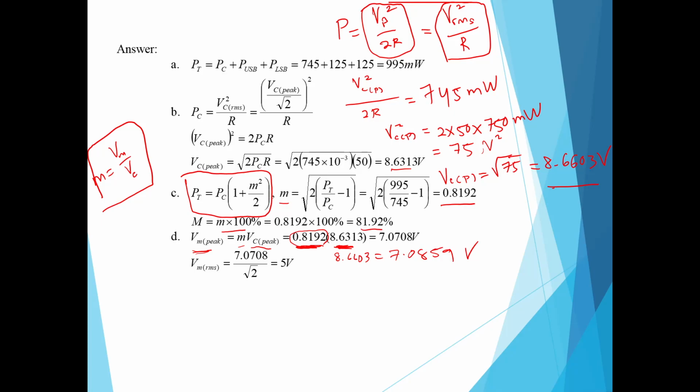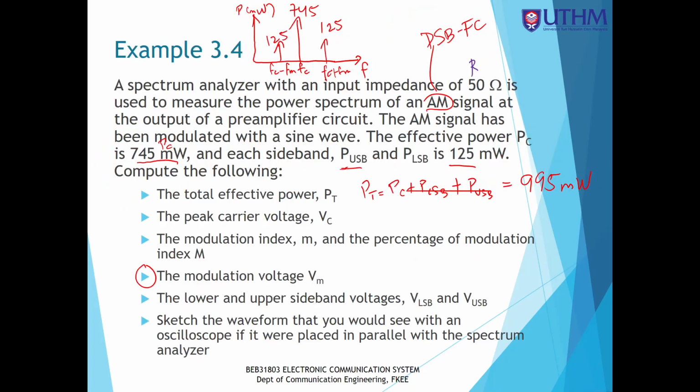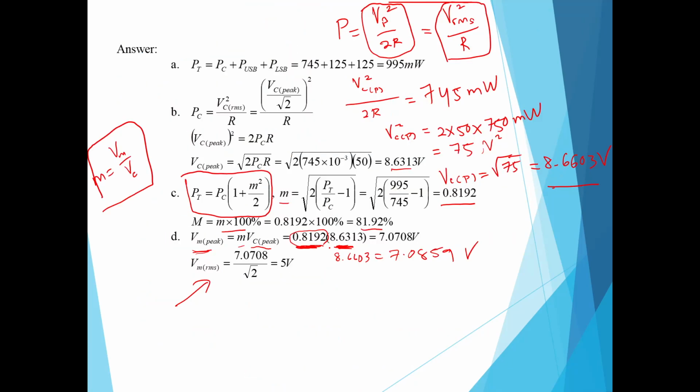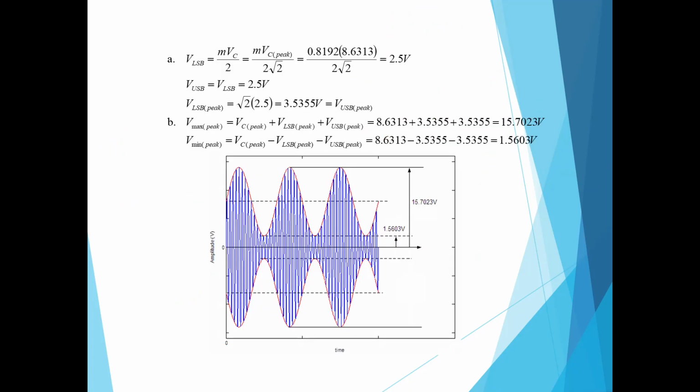And then what? This is optional. The question does not ask you to find the Vrms. The question asks you to find the Vm. They don't specify whether this is a peak value or the RMS value. Normally we ask for the peak value. But if you want to find the RMS value, you can divide the peak value by the square root of 2.